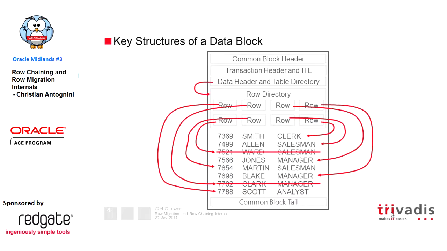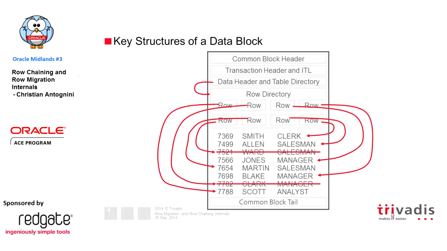By the way, it is interesting to point out that the position inside the row directory is what is referenced by the row ID of a row. If you take a restricted row ID, you have the file number, block number, and row number. The row number is the offset inside the row directory. It is not the position of the row.